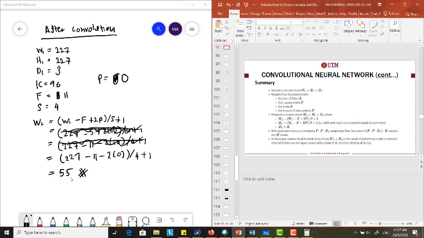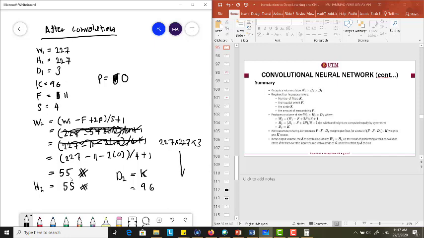So later you can compute H2, and you will also get 55 there. And then about D2, again it depends on the number of filters K, so that's why D2 equals K, which is equal to 96. So the volume after the first convolutional operation for AlexNet: the volume size of the input image is 227 times 227 times 3.